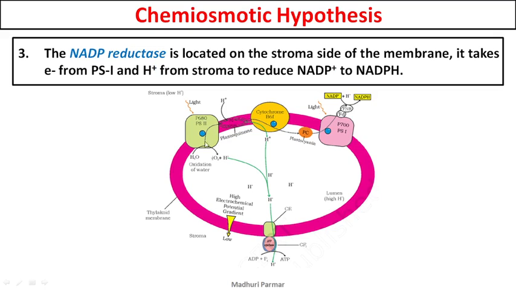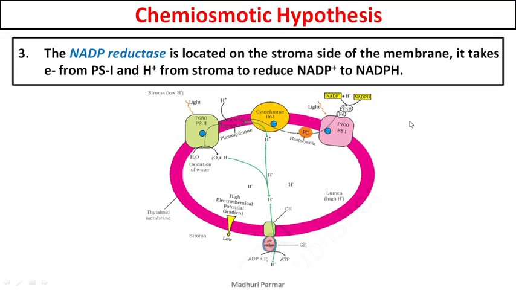So if you see this, photosystem 2, plastocyanin, photosystem 1, and near photosystem 1 you have ferredoxin, FD, then you have this FNR, which is nothing but your NADP reductase. If you see, it is present outside the thylakoid membrane, towards the stroma. It will convert NADP to NADPH. During this process, it is utilizing one more H plus from the stroma.